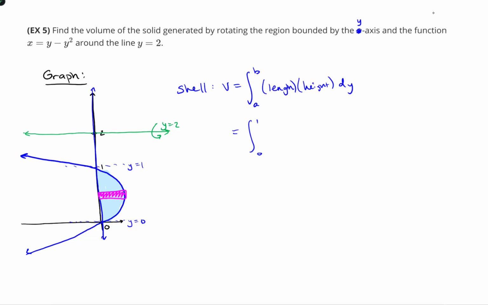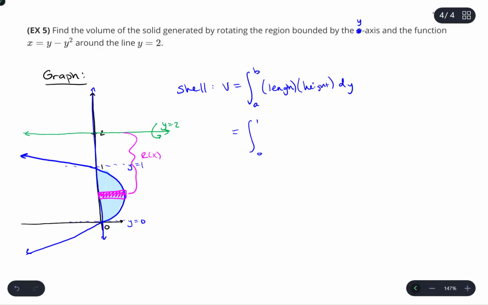The length here is going to be the circumference of a circle formed by rotating this rectangle around the line. So I need to figure out what this distance is right here. And we're thinking of it as a radius.